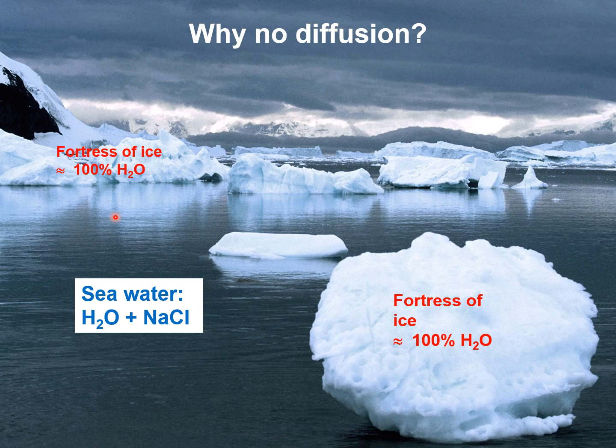Here's a picture taken in Antarctica showing fortresses of ice containing nearly pure H2O in contact with seawater that contains salt. The question arises why there is no diffusion of salt from seawater into the ice fortresses.